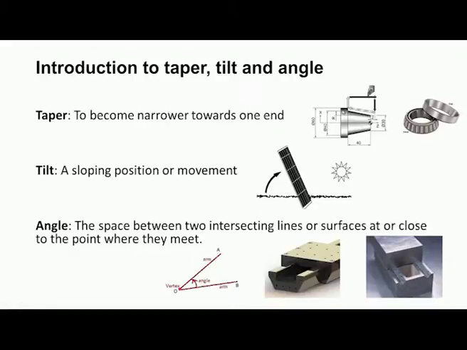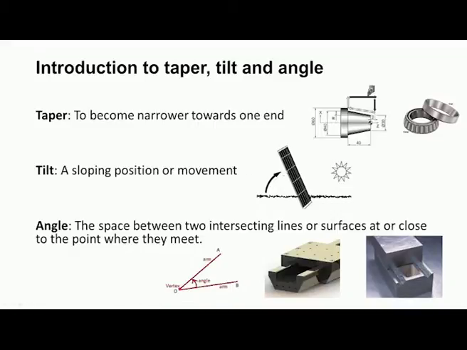That means the size is getting narrowed towards one end. Such components are called tapered components. You can see one example here, a tapered roller bearing.